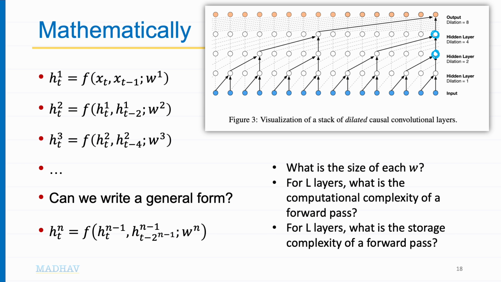2 to the power L plus 1. Okay. I got one option, 2 to the power L plus 1. Anybody else has some other answer? What's your name? Satyam. Okay. To the power L. Anybody else?